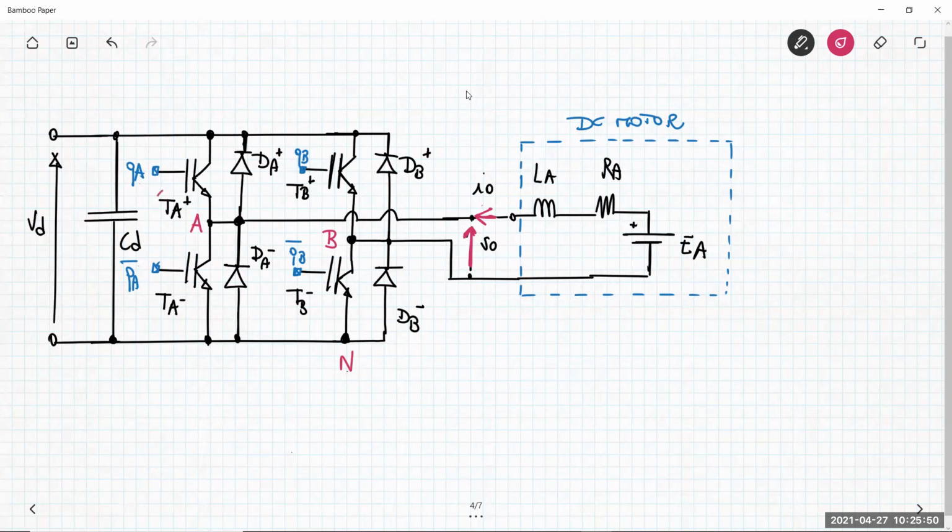And then you have TA plus and TB minus that are on. So what are the devices that conduct this negative current? But you can see that this current cannot be conducted by TA plus because the current cannot go from the emitter to the collector, so the current can go to the diode.